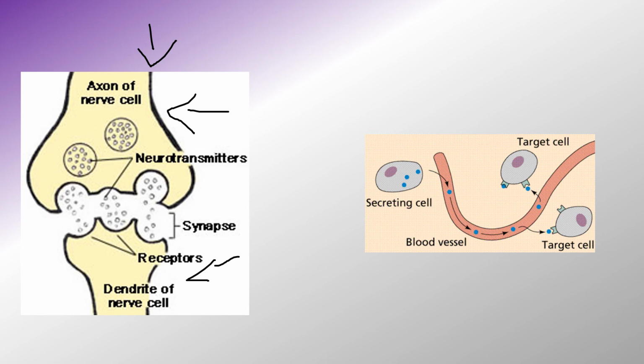In terms of hormones, these little blue dots here would be the hormones that are being released. So a cell will release a hormone into the bloodstream. It goes down the bloodstream to the other cells it's trying to reach. Hopefully that makes a little more sense now about the difference between how neurotransmitters and hormones release chemicals.